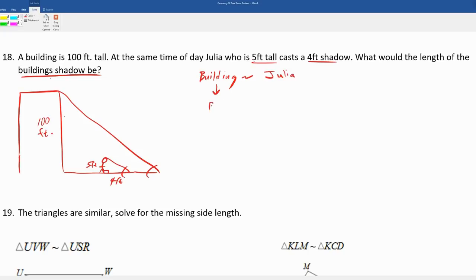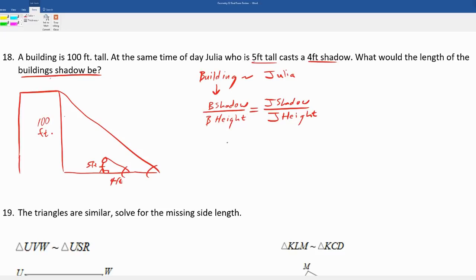That means the building's shadow should be in relationship to its height, as Julia's shadow should be to Julia's height. So this is really shadow to height kind of proportionality.